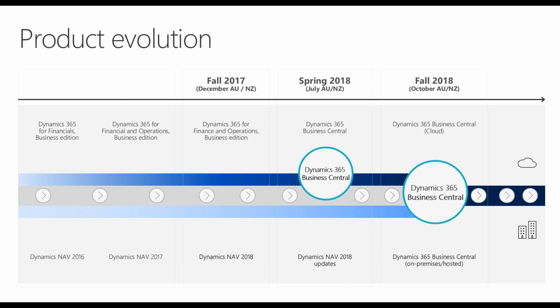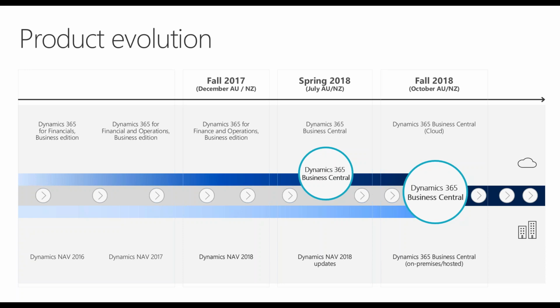So product evolution. This product, basically Dynamics NAV, has been around since, well, I started with it in 1997. So it's been around, it's evolved over years, and Microsoft bought the company that developed it, Navision, back in 2002 or somewhere around that time frame. But as we've gone through, we've evolved it, we've updated the technology, we've moved to C# and a whole heap of different underlying technologies to bring it out in NAV 2016, around the 2016 timeframe.